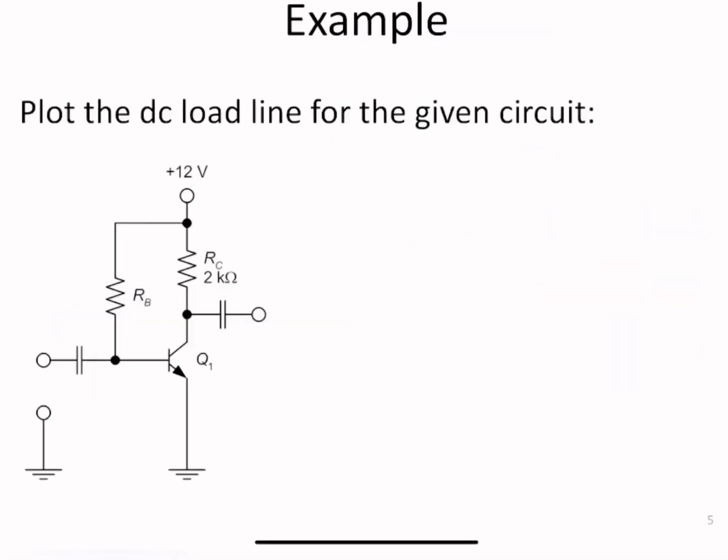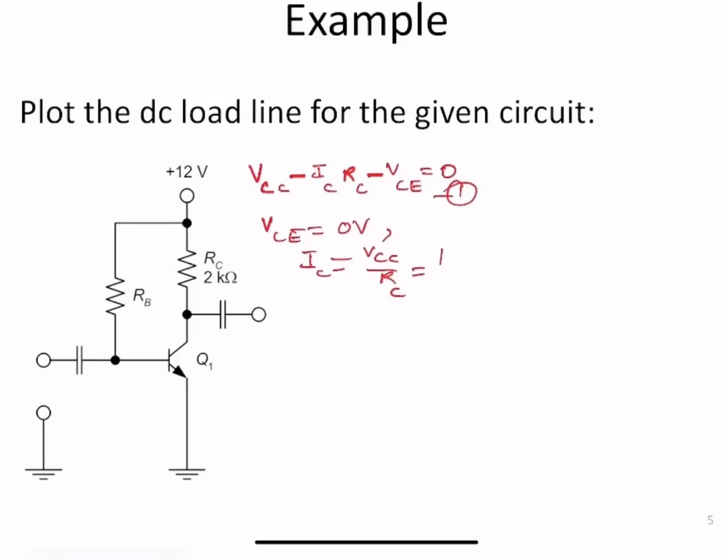Now solve the given example: plot the DC load line for the given circuit. To plot the DC load line, apply KVL to the output circuit. VCC minus ICRC minus VCE is equal to 0. Now when we put VCE is equal to 0 in equation 1, we get IC is equal to VCC by RC.